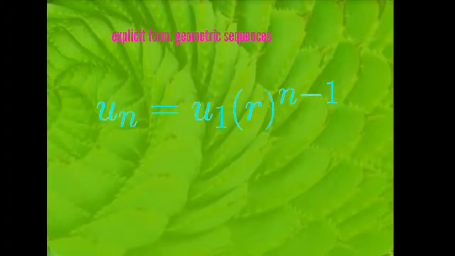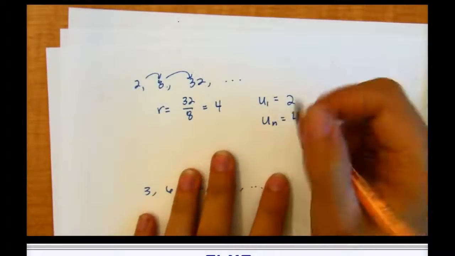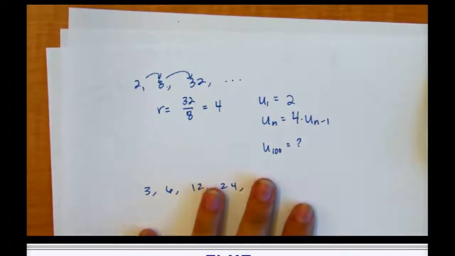Moving right along. If I want to write the explicit form, last time we talked about the explicit form for arithmetic sequences. So this is really useful. What if I gave you this first sequence up here, and I told you that I wanted to find u(100)? Well, that would take a really long time to find. I want to have a shortcut, and that shortcut is my explicit form.